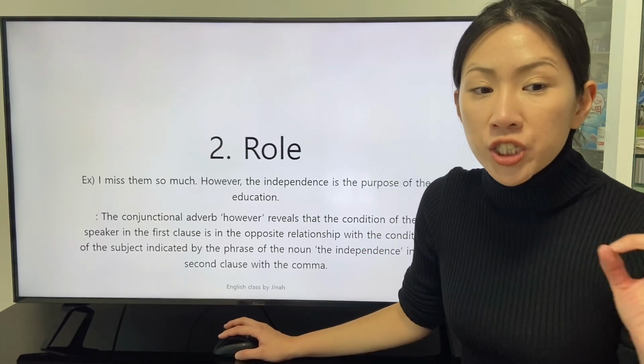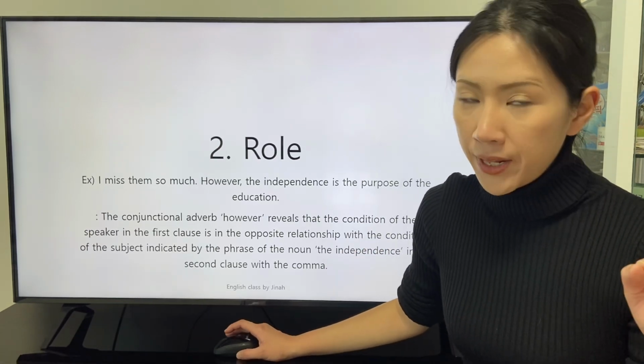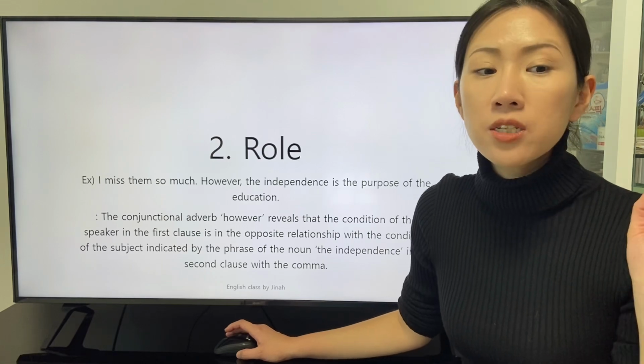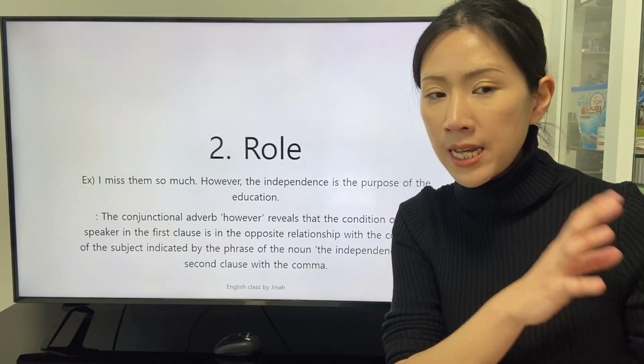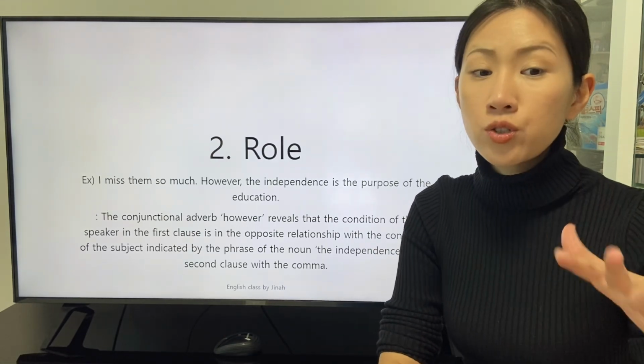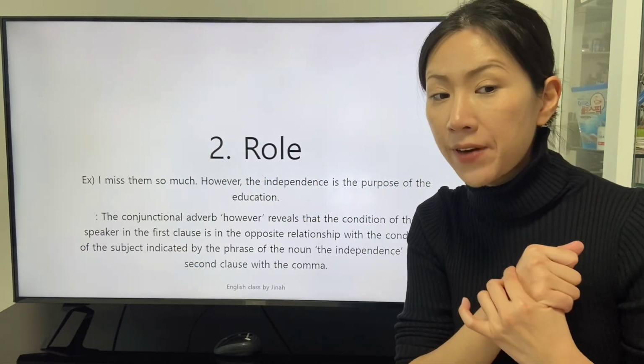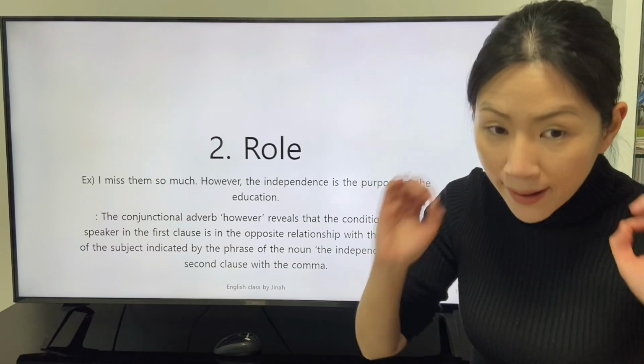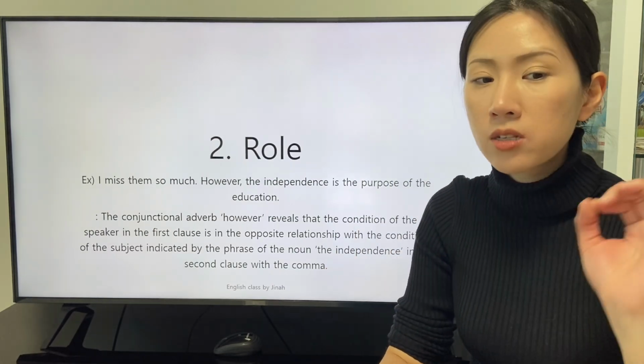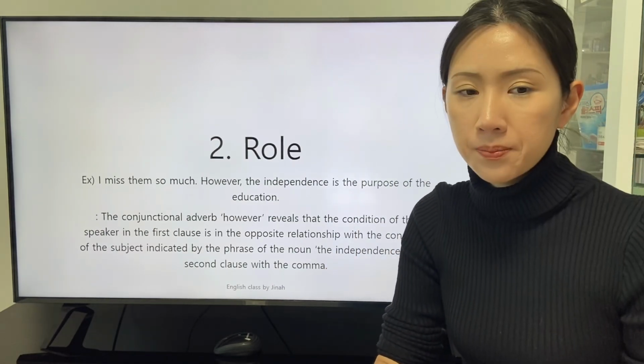The conjunctional adverb, however, reveals that the condition of the speaker in the first clause is in the opposite relationship with the condition of the subject indicated by the phrase of the noun, the independence in the second clause with the comma.